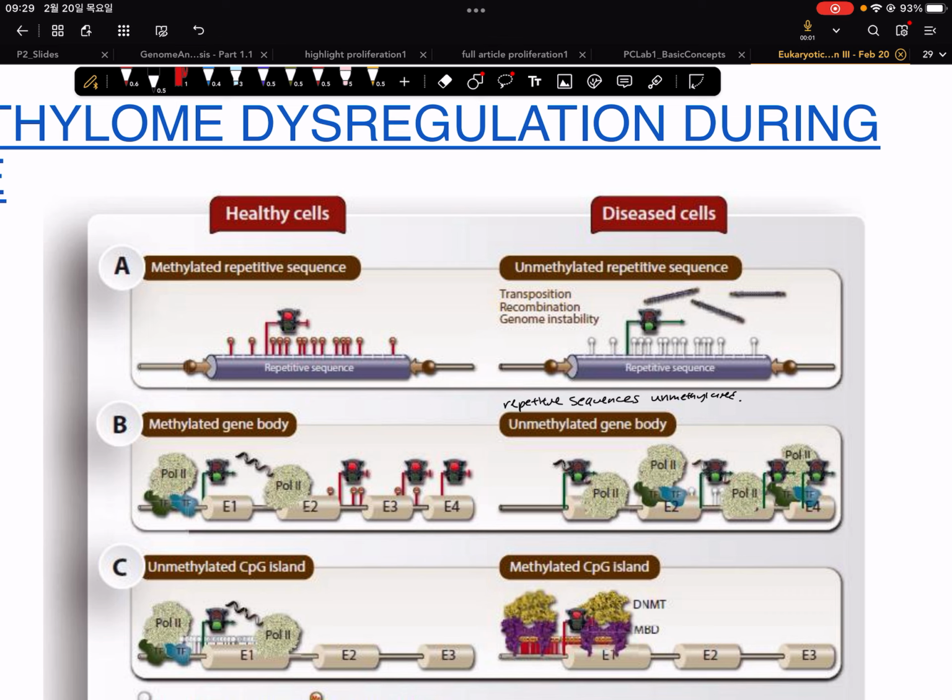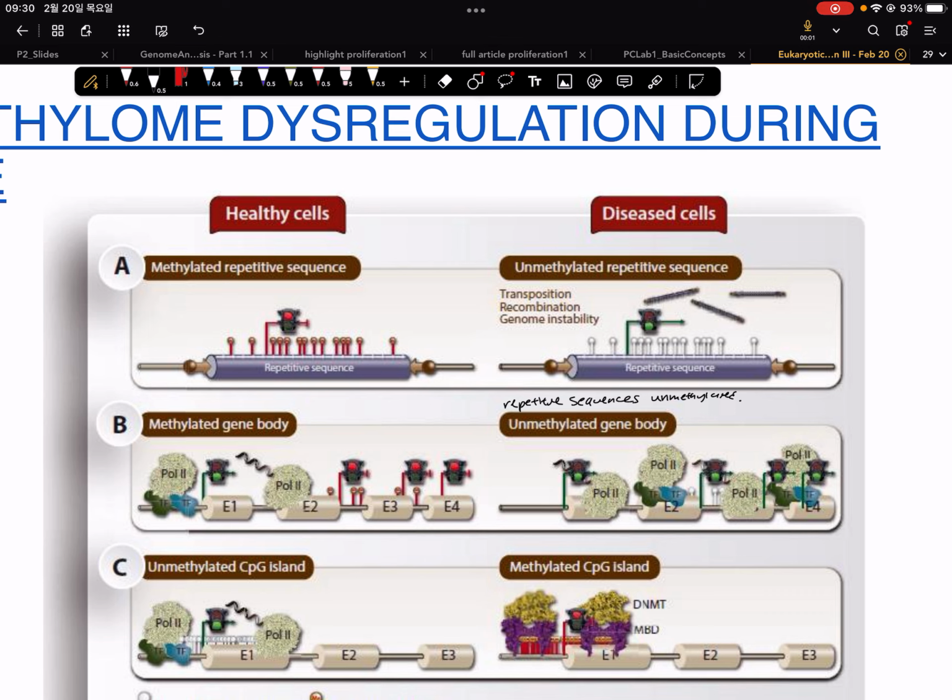Other observations from comparisons of the epigenome between healthy and diseased cells, and I'm talking here about DNA methylation, that's where we have most data on. Some gene bodies that are normally methylated suddenly become unmethylated. If that happens in a tumor suppressor gene, or in an oncogene that activates tumor formation, it can have dramatic effects.